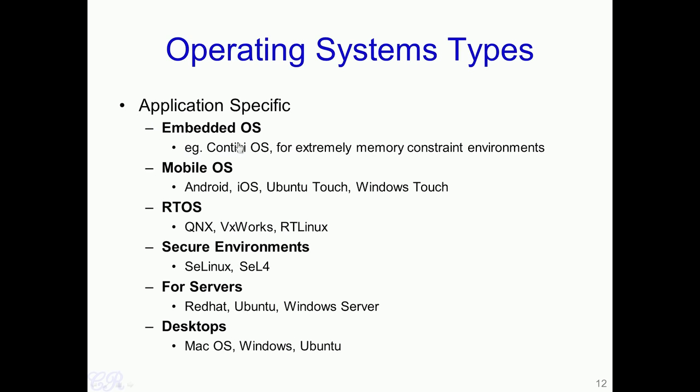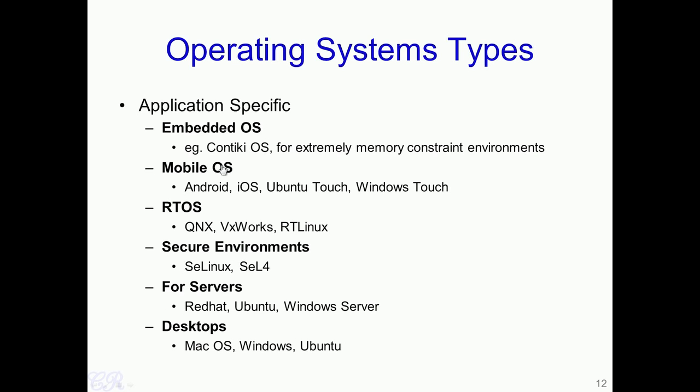For example, embedded OSs such as Contiki OS are designed for memory constrained environments such as wireless sensor nodes used in the Internet of Things. Operating systems like Contiki OS are designed with power consumption in mind. These operating systems manage their resources and abstract hardware in such a way that the power consumed by the entire system is kept minimum.